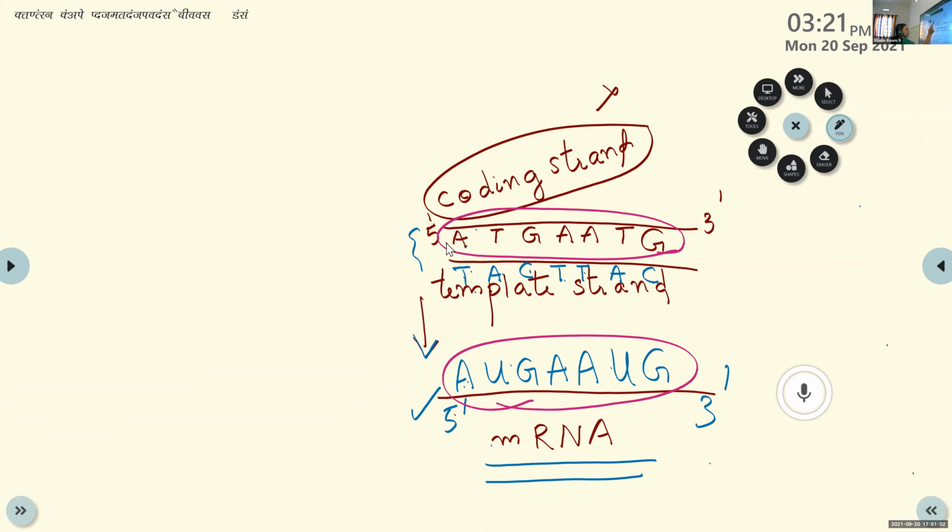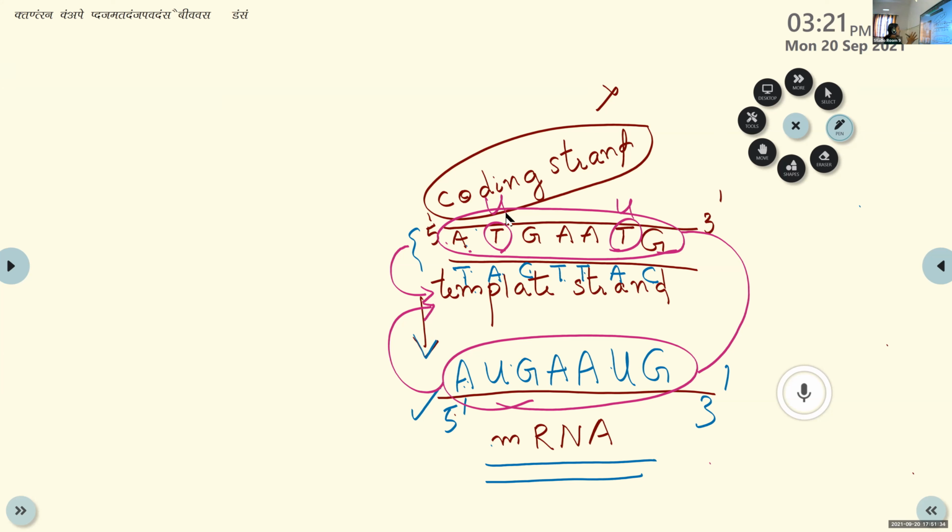The information on coding strand and this will be same, because coding strand is also complementary to template strand. So if you want to find out the answer fast, just take the coding strand and wherever T is there, you can change it to U and find out the answer. Got it? I explained both template and coding strand to make you understand the difference between the two.